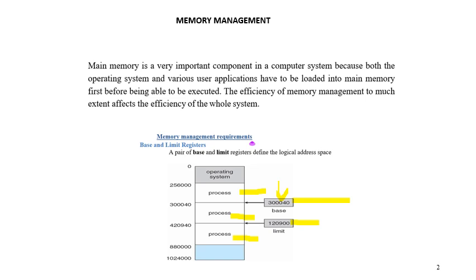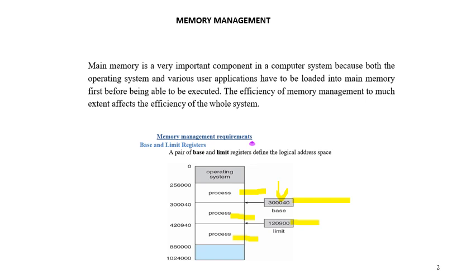Here there is also binding of instructions and data to memory, which indicates that address binding of the instructions and the data to memory addresses can happen at 3 different stages. The first stage is compile time. At compile time, if the memory location is known, then absolute code can be generated.